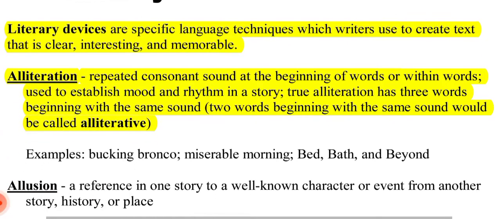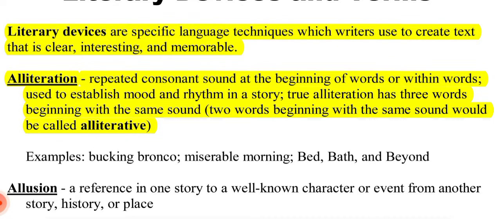Now let's try to know another literary device, and that is allusion. Now what is allusion? Allusion is a reference in one story to a well-known character or event from another story, history, or place. It means that to portray something, you have brought an incident from another context, and you are trying to intermingle that symbol or that incident.